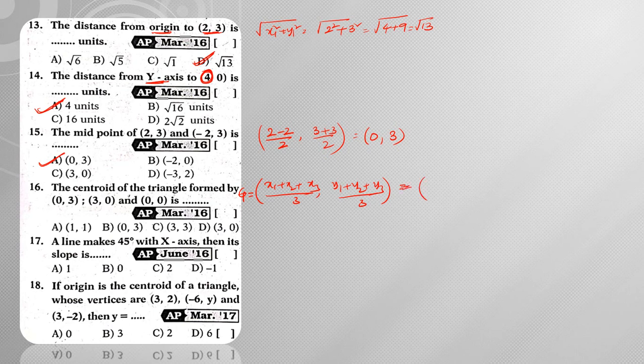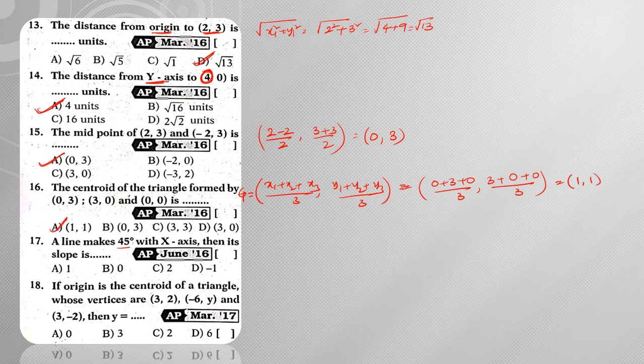Then I get 0 plus 3 plus 0 by 3 comma 3 plus 0 plus 0 by 3. Now 0 plus 3 plus 0 is 3, 3 by 3 is 1, so 1 comma 1 will be my answer. Hence option A is my answer.